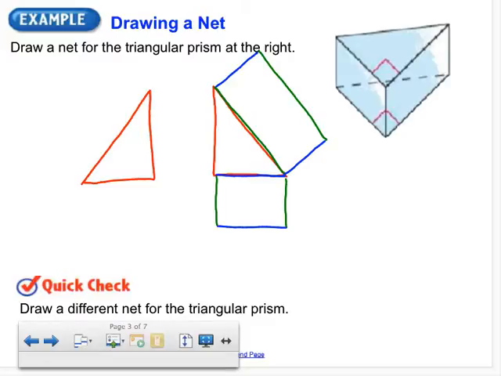Okay. And then I got one more side I got to take care of, right? What side would it be? What's the name of that side if I'm looking at a right triangle? I already talked about the hypotenuse. What do we call the other two sides? The legs, right? So I got this one on the back that I haven't made yet. Okay. And I'll just go ahead and draw these in.